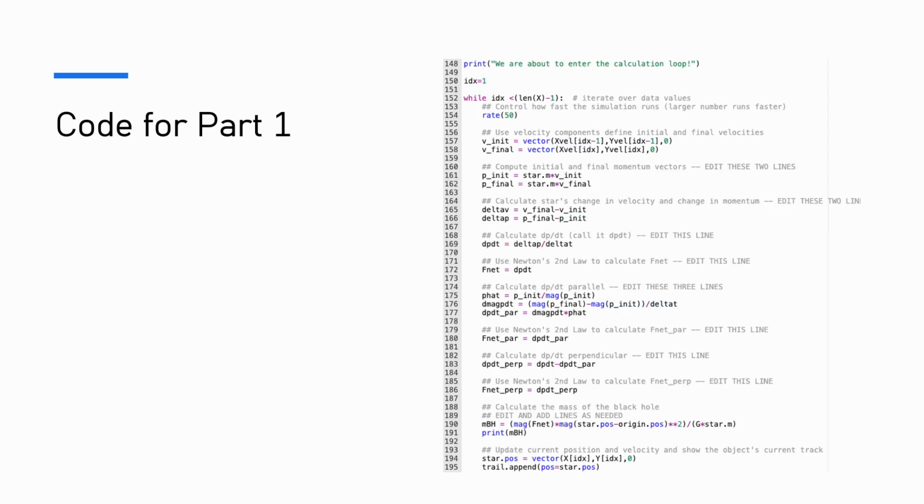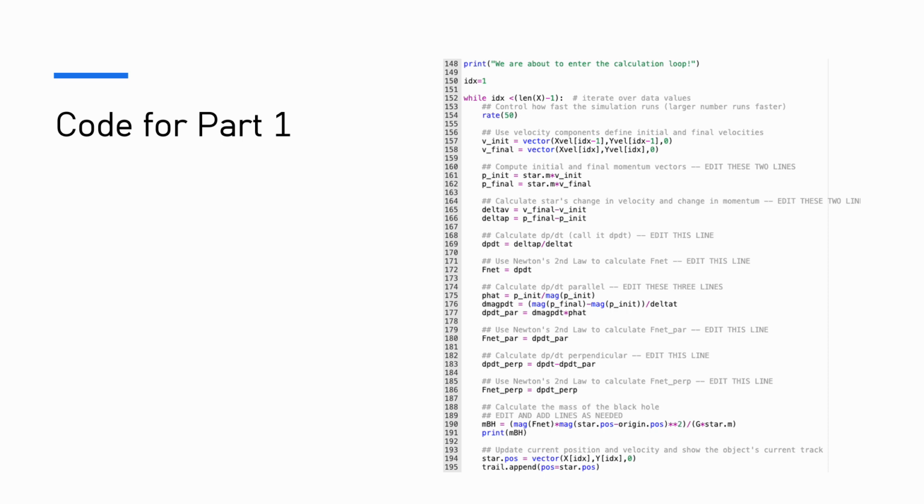This is my code for part 1. As you can see in this calculation loop, we start by getting the initial velocities and finding our P initial and P final by using the velocities. And then we find our delta V and our delta P's, and delta P over delta T is calculated as delta P divided by delta T. And we know that the net force is also the dP dt, so we can just plug that in right there.